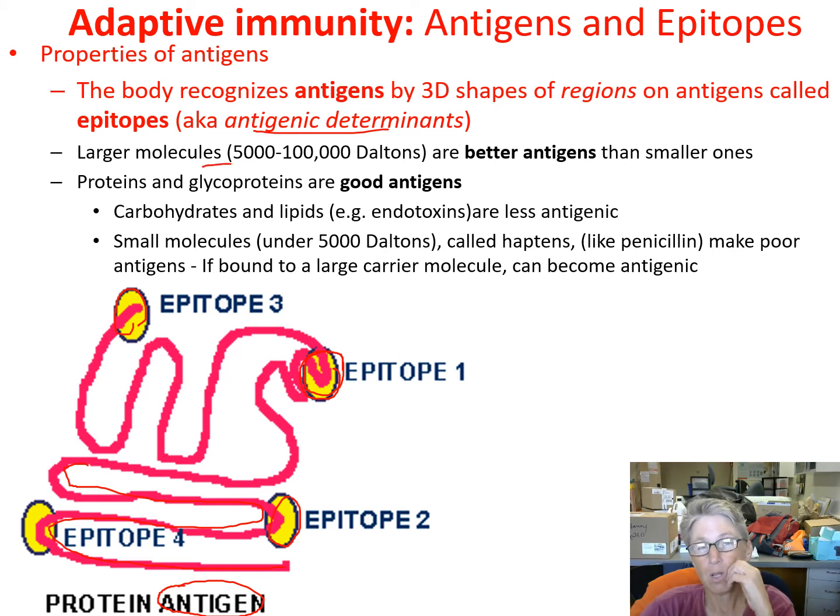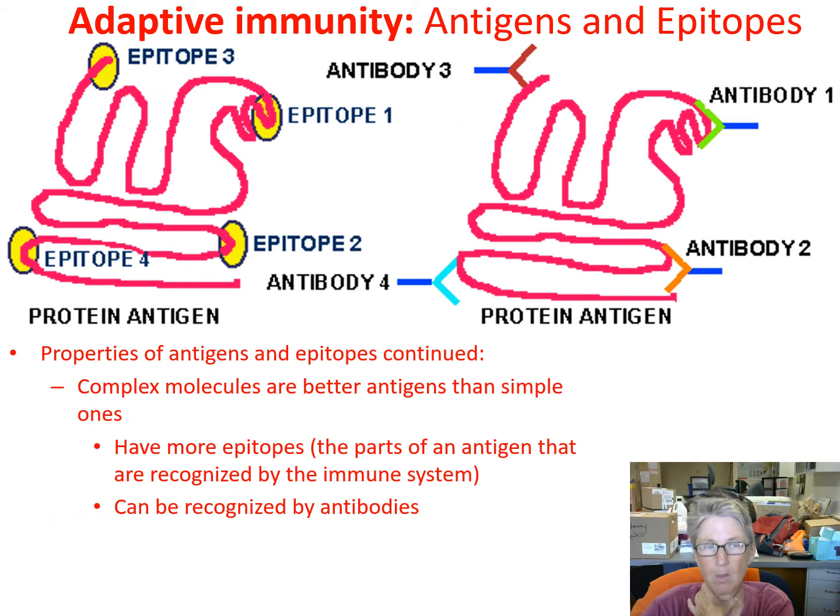If you are a really large molecule, like up to 100,000 Daltons, you're a better antigen than a smaller molecule. Proteins and glycoproteins are good antigens. So then here's our cartoon again, the antigen with the epitopes on it. And then look what happens.